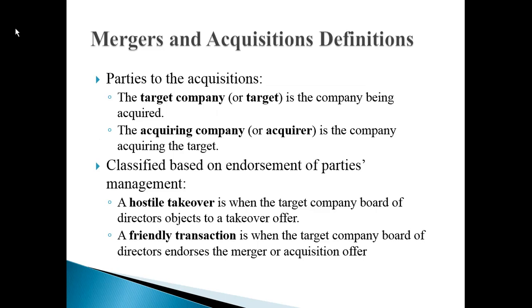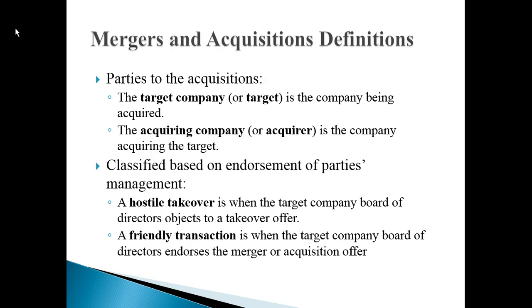So we're going to talk about parties to an acquisition. The target company or the target is the company being acquired. The acquiring company or the acquirer is the company acquiring the target. Also, mergers can be classified based on endorsement of the parties' management.